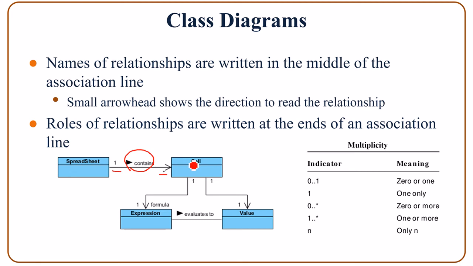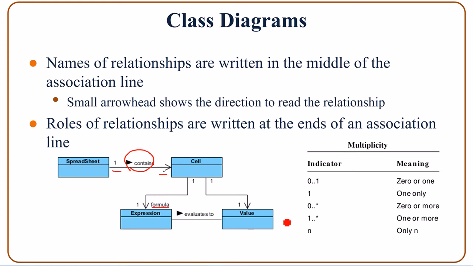The roles of relationships are written at the ends of an association line. As an example, a cell is associated with an expression. The nature of it is that an expression is a formula of a cell.